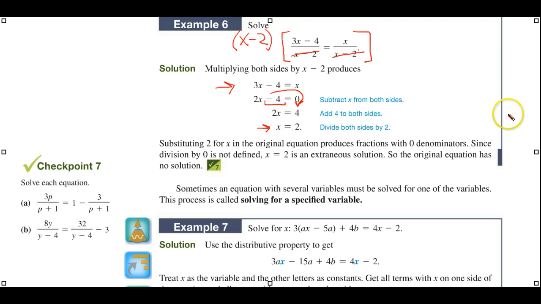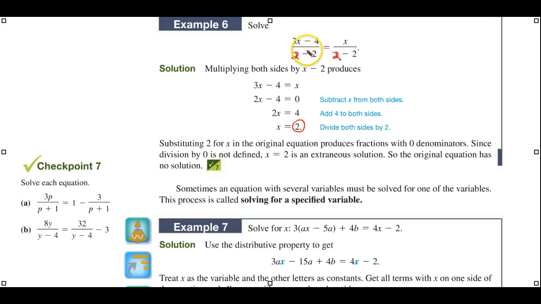Now, an interesting thing happens here. If I put 2 into the original equation, notice what happens. I get 2 minus 2.